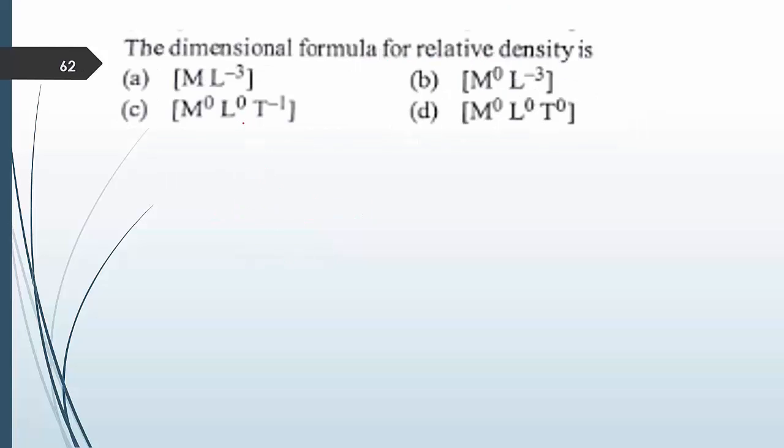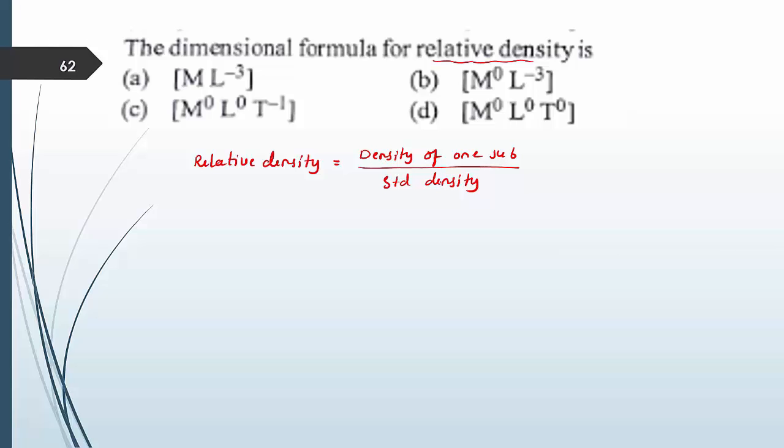Question number 62. The dimensional formula for relative density. Yes, first you have to know what is relative density. Generally density is what? Mass per unit volume, right? So relative density is, we are just comparing density of one substance with standard density or density of another substance.